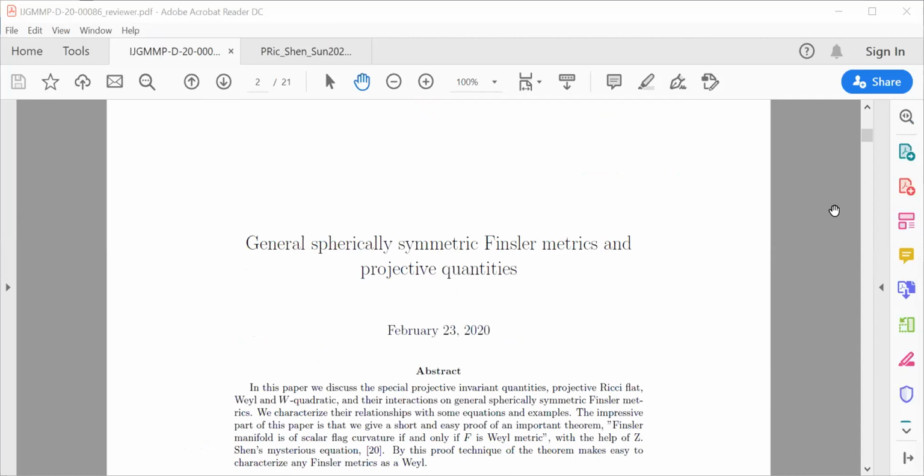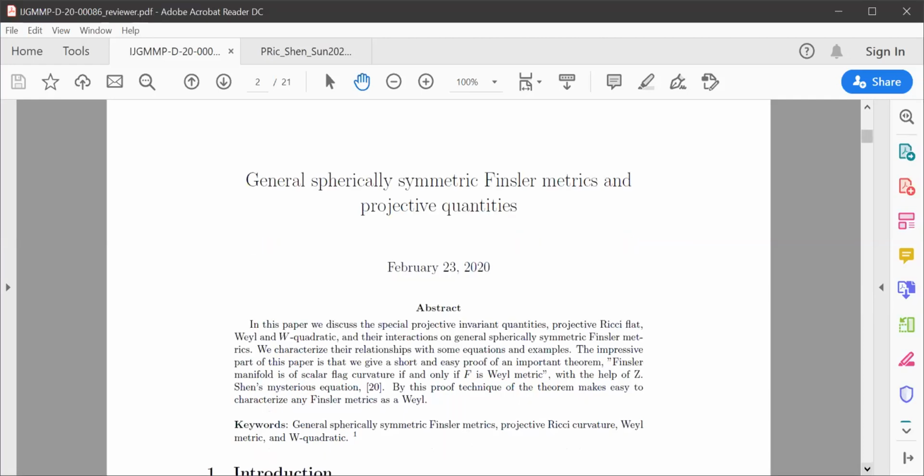This paper was written on February 23rd, 2020 by someone. In this paper, they discuss special projective invariant quantities, projective Ricci-flat, usually should say projectively Ricci-flat, not project. Otherwise called project Ricci curvature, and doubly quadratic, and there are interactions on general spherical symmetric thin matrix.